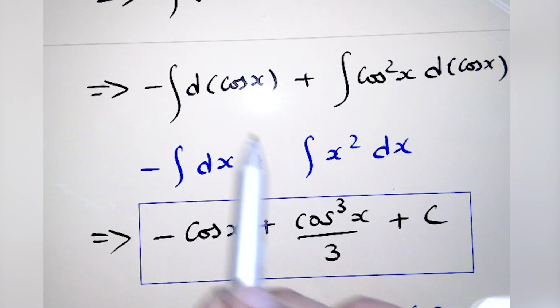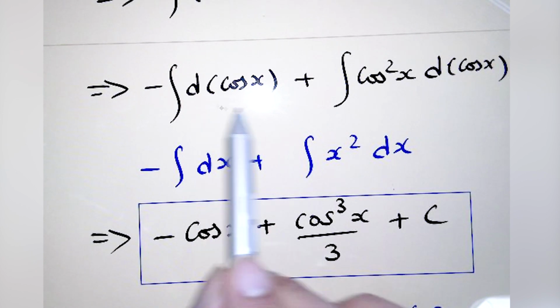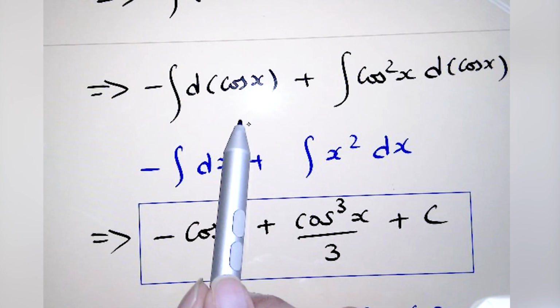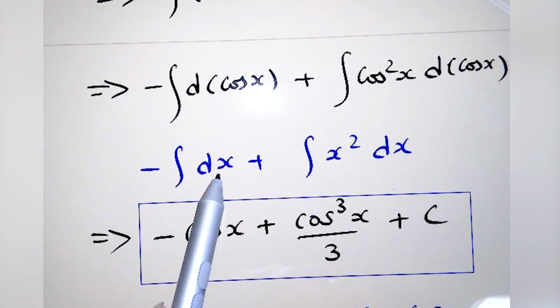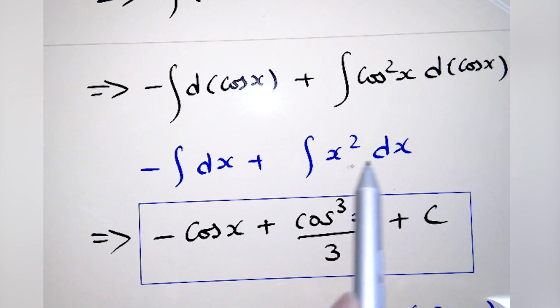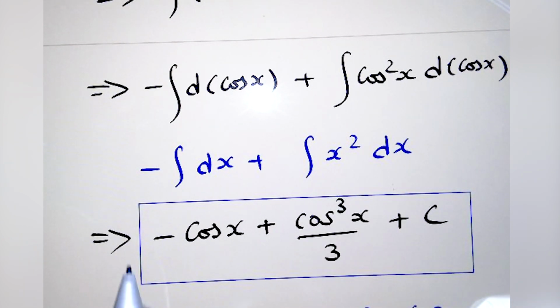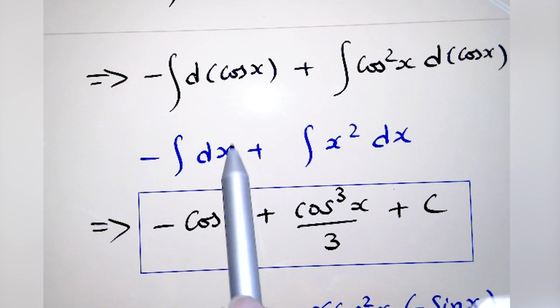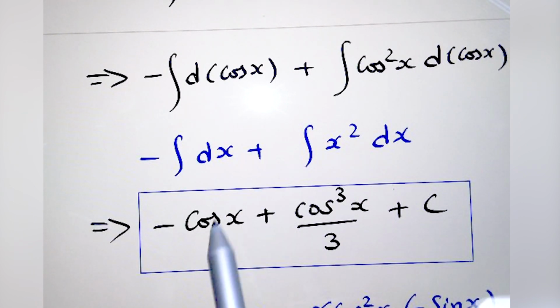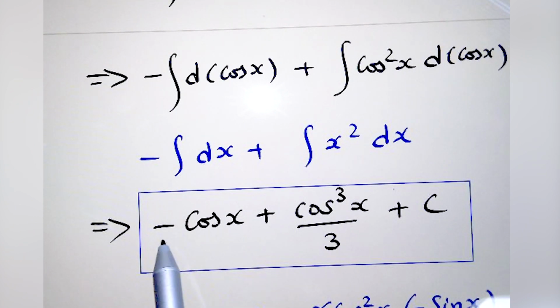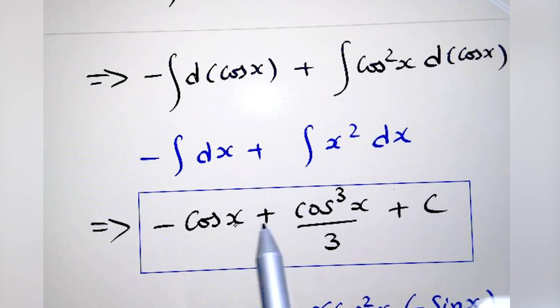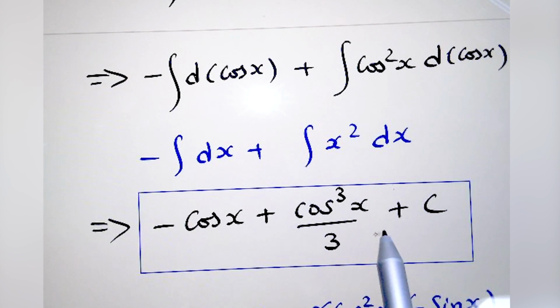And this is just looking like our integral dx and integral x square dx. So we can apply our standard formulas, but we will just use cos x for x. So the final answer would be minus cos x plus cos cube x by 3 plus c.